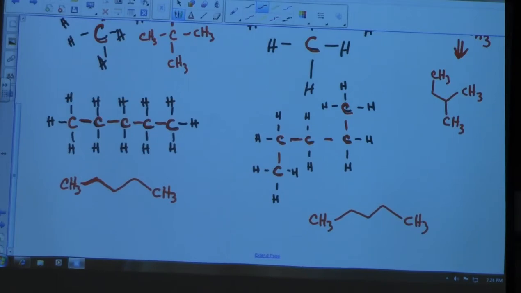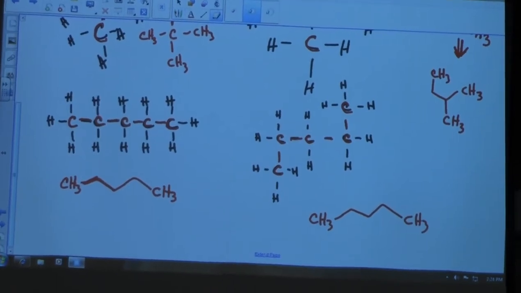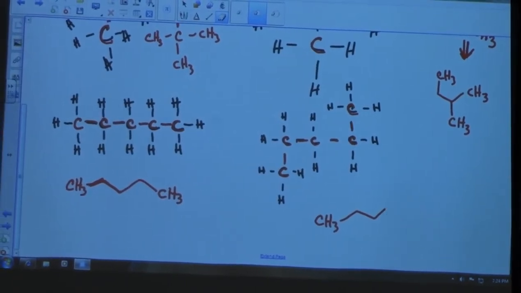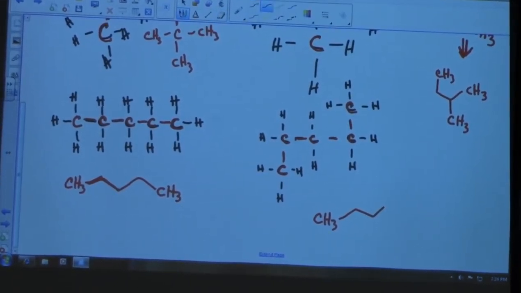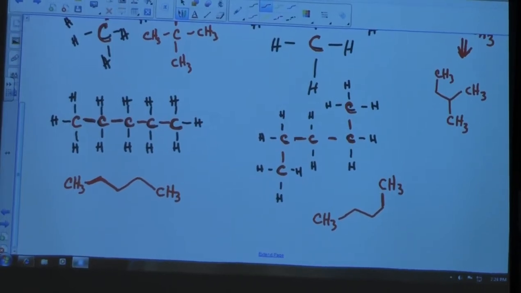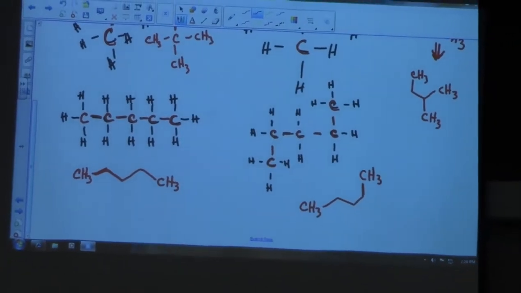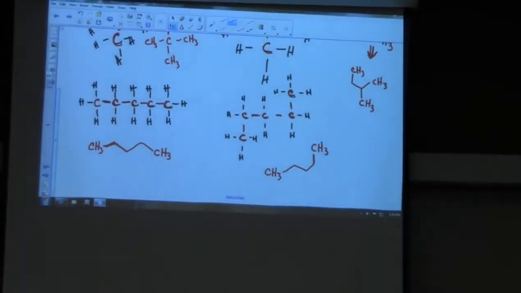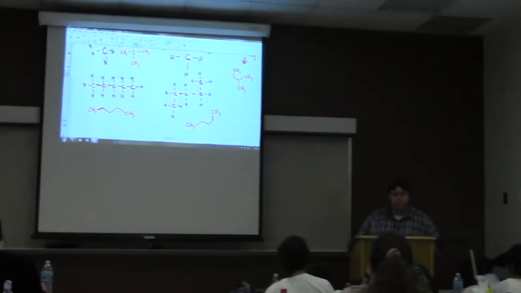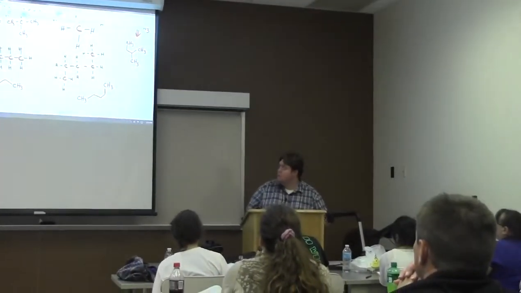Except if I were to really express what Brock-Norton was doing, I would have drawn it like this. Again, same structures related by the fact that there's an ability for the carbon-carbon bonds to rotate freely. Are there any questions about that? Okay, good.